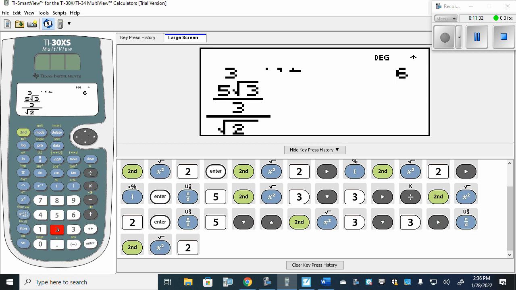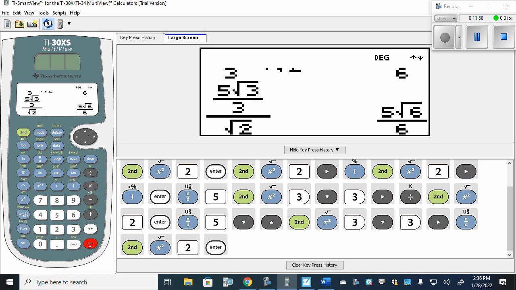Like this here, and hit enter. It'll still give us 5 square root of 6 over 6. But we do need to be careful with that to make sure that it doesn't treat 3 over square root of 2 as the main part of the fraction. So we could do it as the way we did before, 5 square root of 3 over 3, move over, divided by square root of 2, and it will do the same thing.